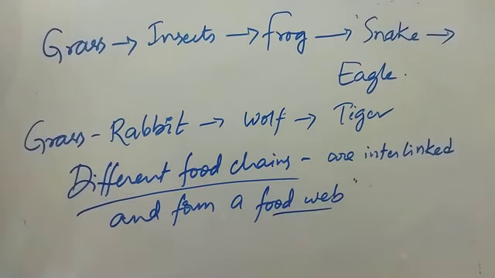Maintenance of every food chain in a stable condition is essential for the maintenance of other food chains also. If we remove any one component of the forest, for example trees, all other components would be affected, right?